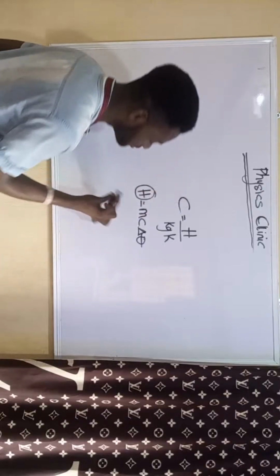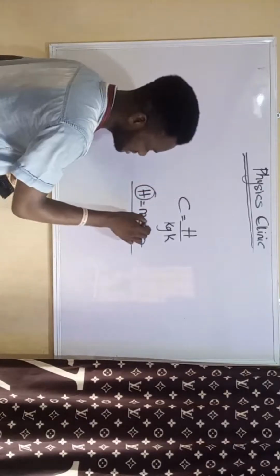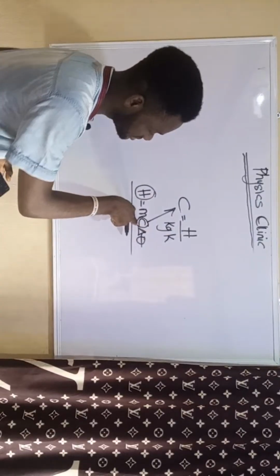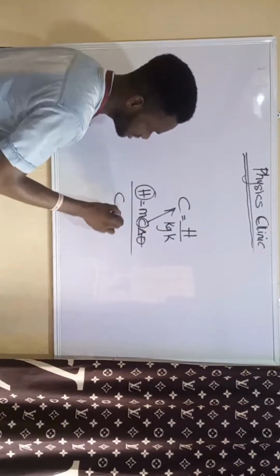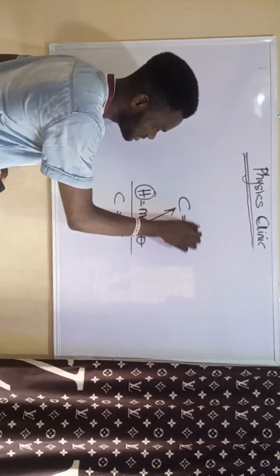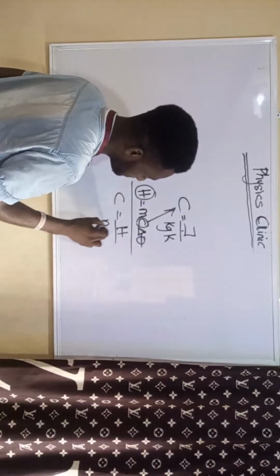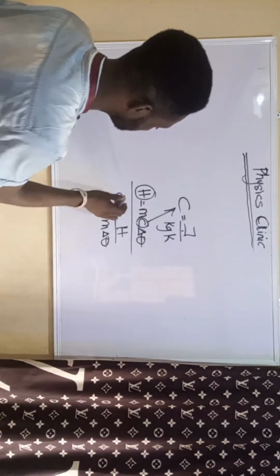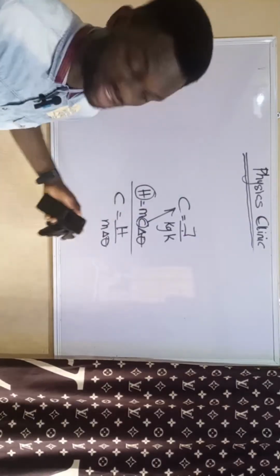So this is the formula for heat quantity. If I make C the subject of the formula, it will be C equals H over m delta theta. So this is the formula for specific heat capacity.